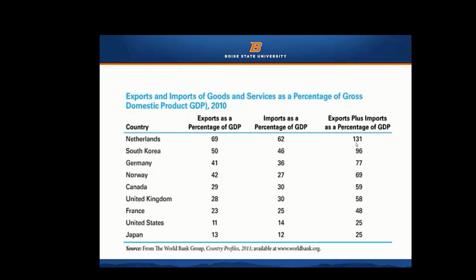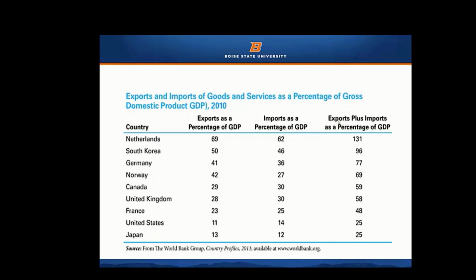If you remember from introductory macroeconomics, when we count up GDP, GDP is consumer spending plus investment spending plus government spending plus net exports. Net exports are exports minus imports. Here we add exports plus imports and divide by GDP.